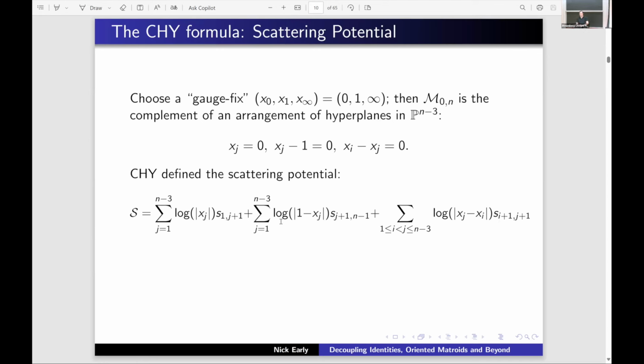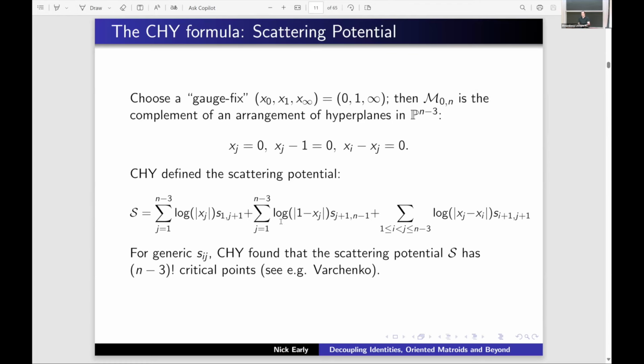And you can see that this is well defined on the moduli space due to momentum conservation. Recall, the sum over j from 1 to n of s_ij equals 0. That makes this object well defined, not just on the Grassmannian, but on its torus quotient M_0,n.